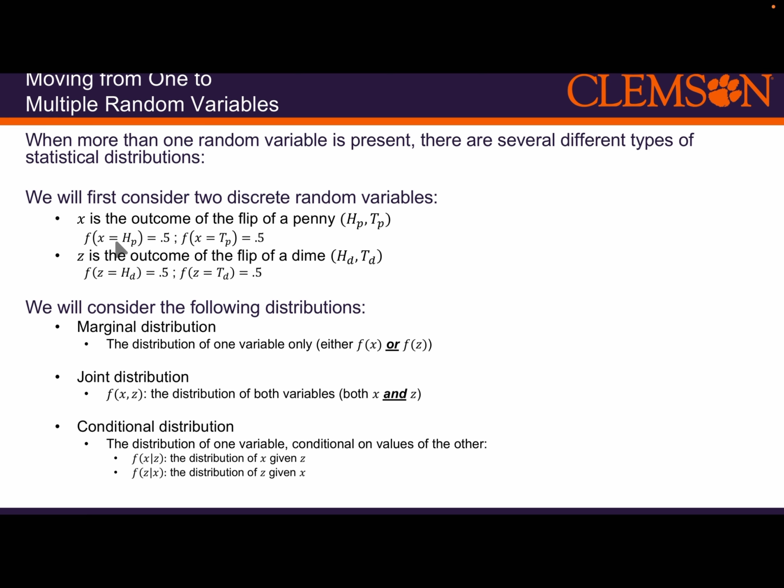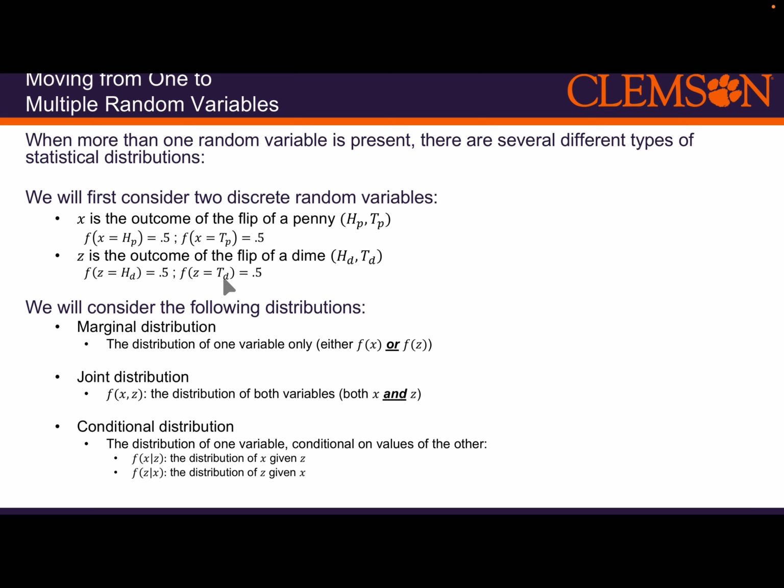The probability of a heads, or the result of the PMF, is 0.5. And the result of the tail for the penny is 0.5. And I just note head for penny is H sub P, tail for penny is T sub P. And let's say Z is the flip of the dime, heads for dime, tails for dime, H sub D, T sub D. And again, both of those are fair coins. It lands 50% of the time on each side.